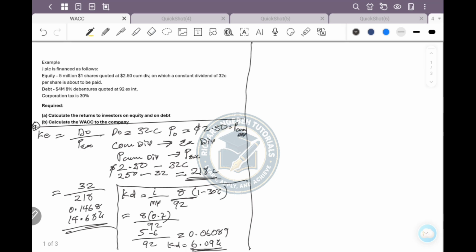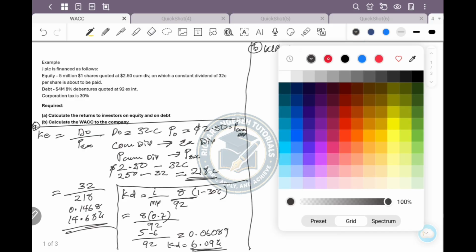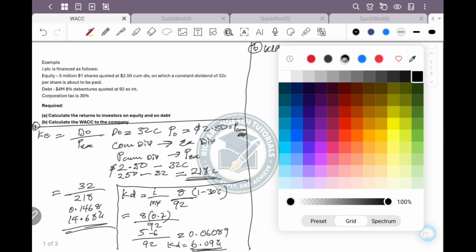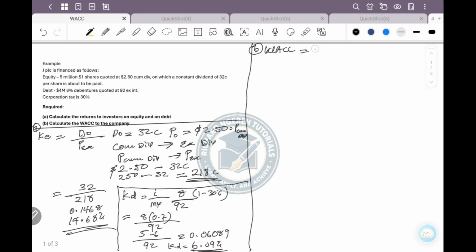Going to the B part, you are requested to calculate the weighted average cost of capital. Okay, so B is asking you to calculate your WACC. So for you to calculate your WACC, you are first going to consider the equity section of the WACC, which is KE times the weight of equity.